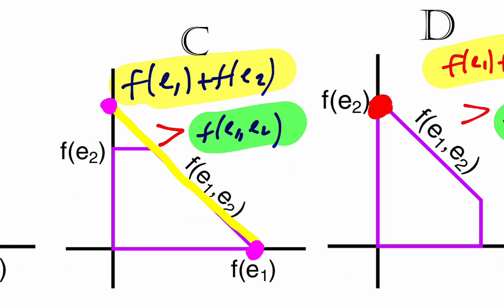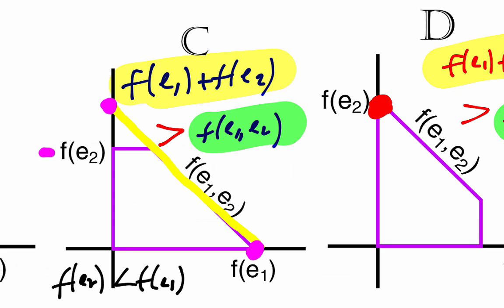Anytime you have a negative 45 degree line, the x and y axis intercepts are the same value, which means that f of E2 has got to be strictly less than f of E1, just geometrically, right?